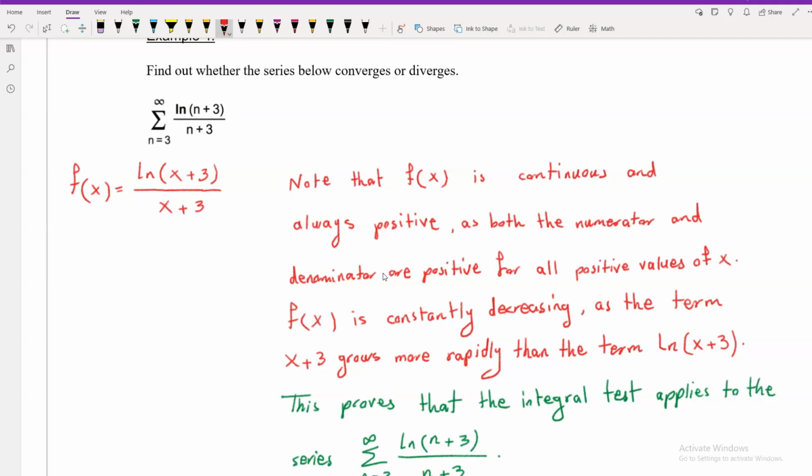This proves that the integral test applies to the series, the sum of natural log of (n plus 3) divided by (n plus 3), from 3 to infinity. So we have all three conditions of the integral test: it's positive, continuous, and decreasing.